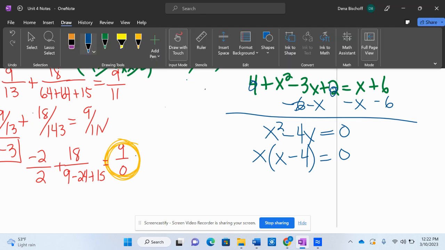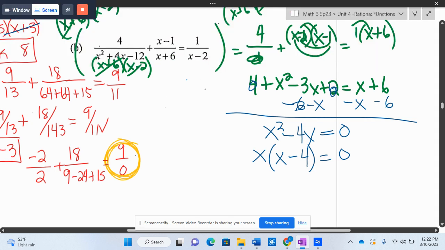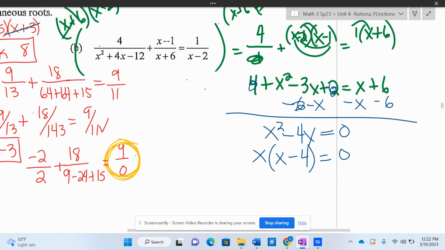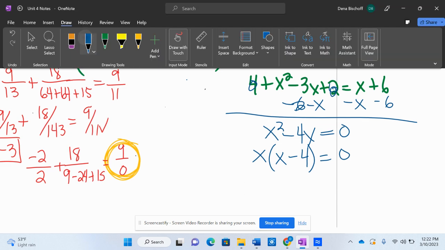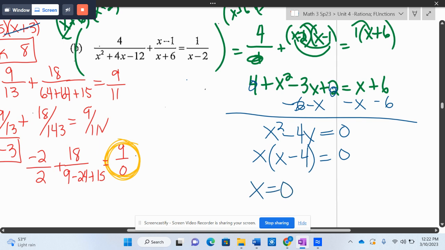So I just want you to look at your original equation, and I'm going to erase all of this so you can see it. Your two roots are going to be that x equals 0 and x equals positive 4.